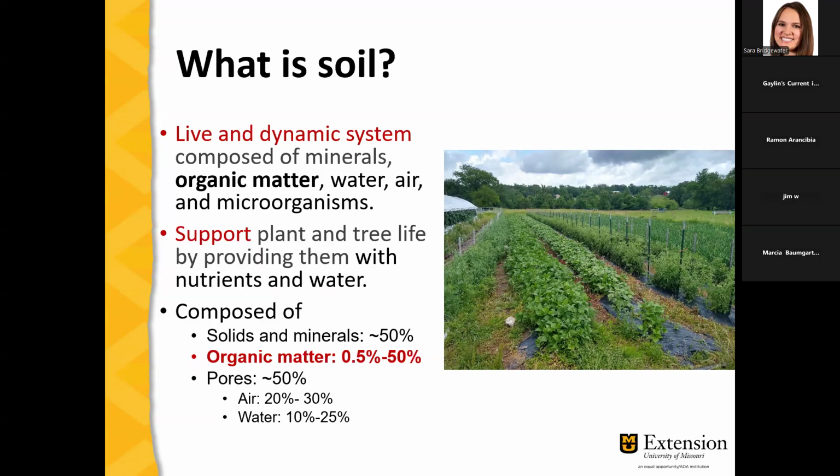But most of the soils here in Missouri are mostly mineral with 1 to 2% organic matter. Unless you add compost and organic matter, you can increase the amount of organic matter to 5 or 10% of the soil, and that is a good amount.